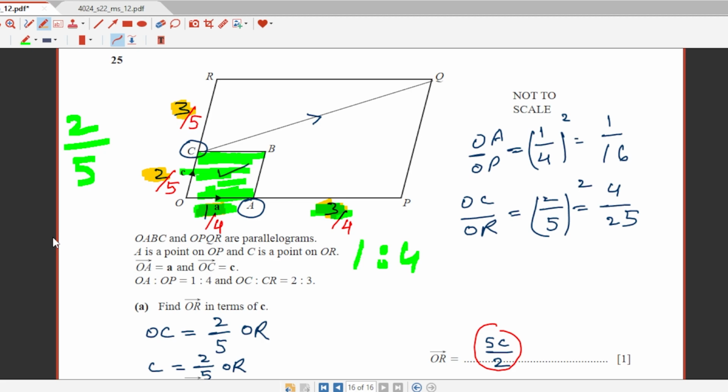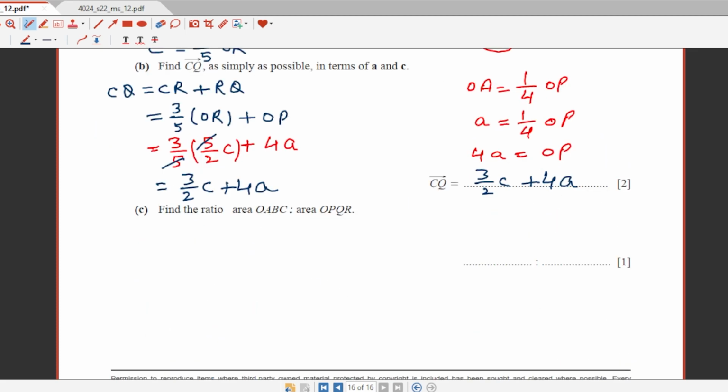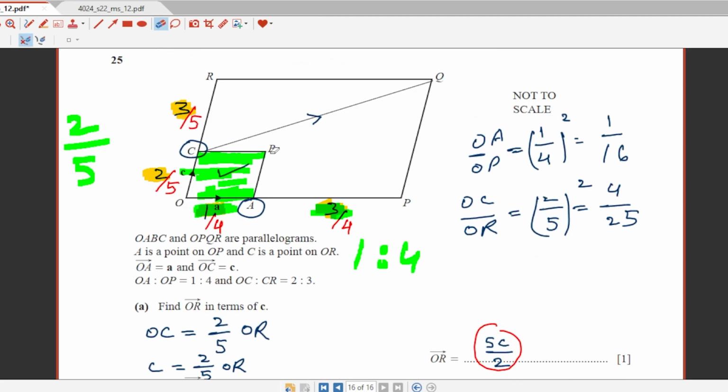Area of a parallelogram can be found by a simple approach, that is half into AB sine C multiplied by 2. That was applied in trigonometry, area of non-right triangles. So area of OABC over OPQR: area of OABC can be found by OA multiplied by OC into sine theta.